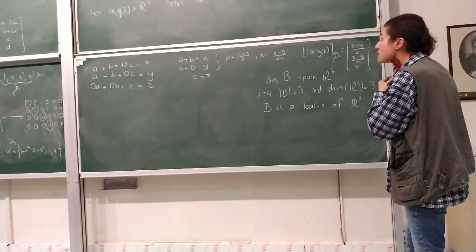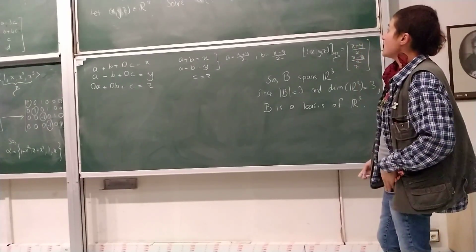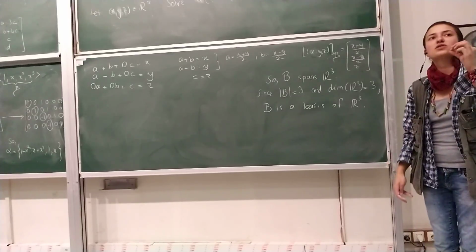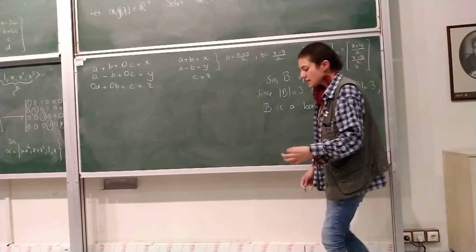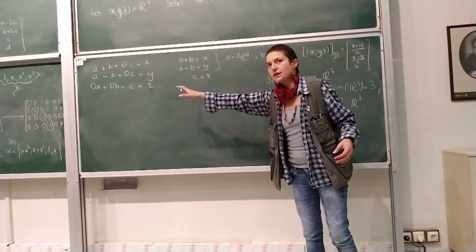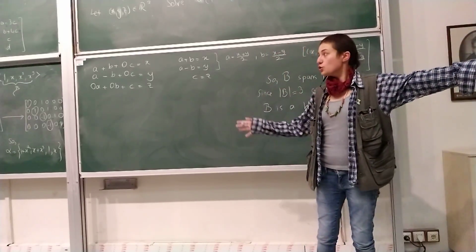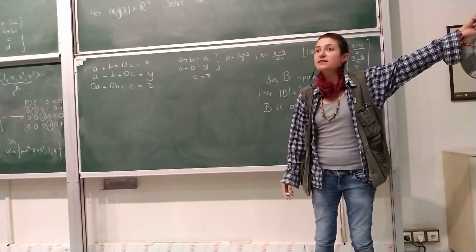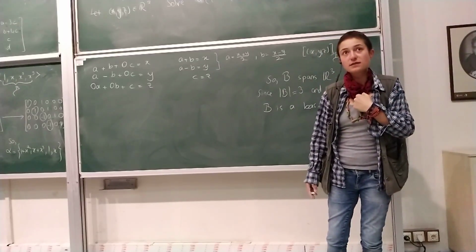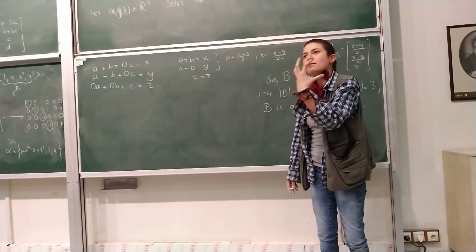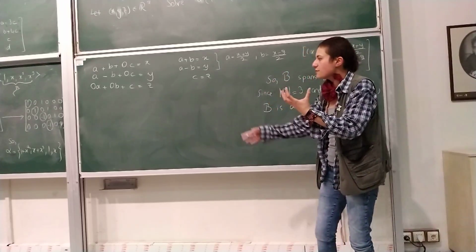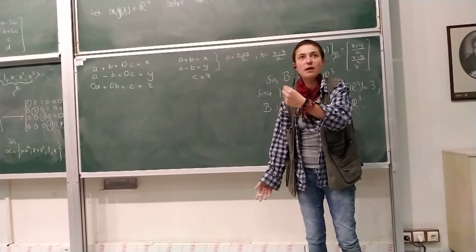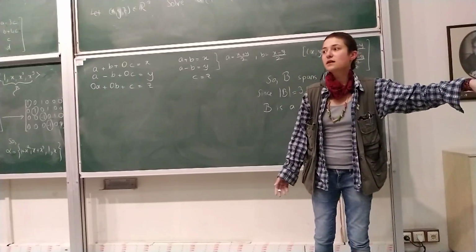Well, what was the question? The transition matrix from C to B. What does a transition matrix mean? It means you have a basis here, I have a basis there. You have all the coordinates for every vector, and I have all the coordinates for every vector, but according to my basis, right? I want to find some way so that whenever you give me your coordinates, I should understand which vector you're talking about according to my basis, okay?